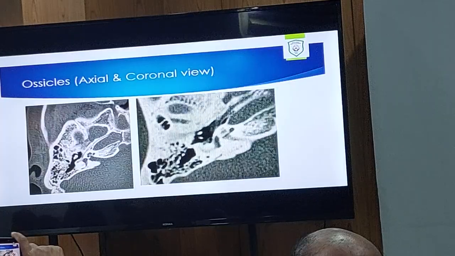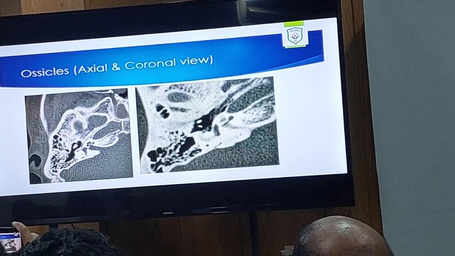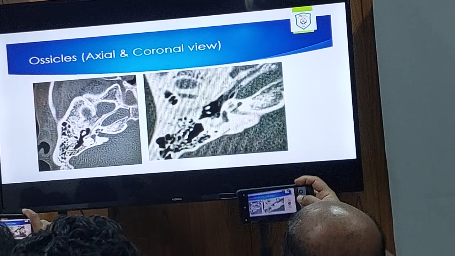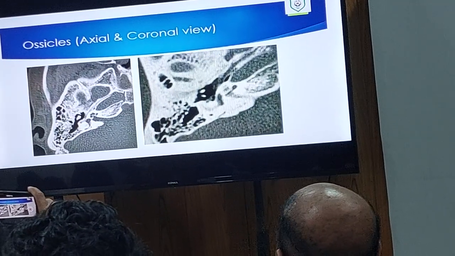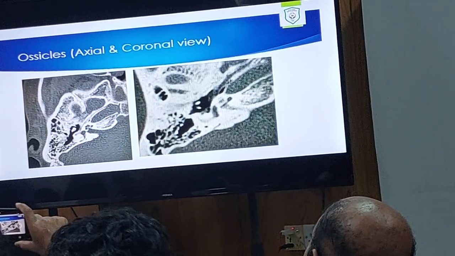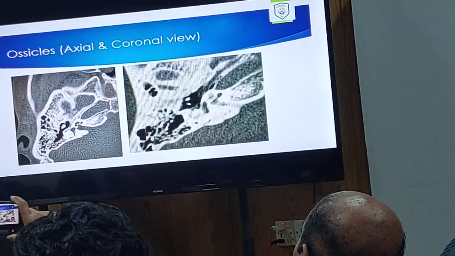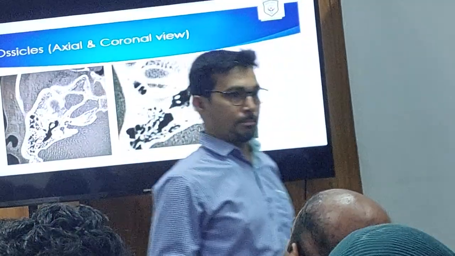Here, in this view, we can see the ice cream cone. This is the ice cream cone, and here there are two parallel dots.